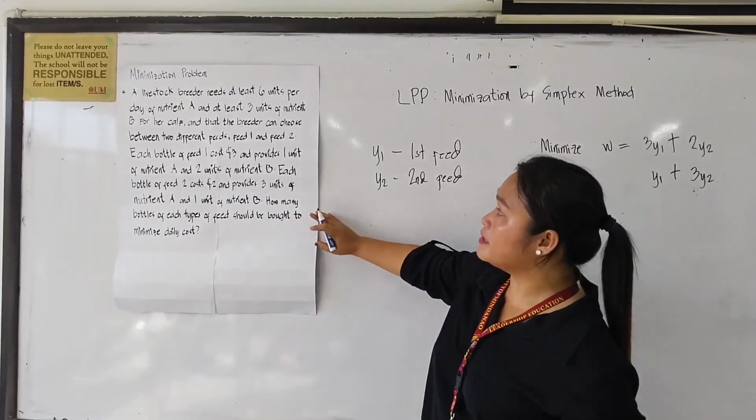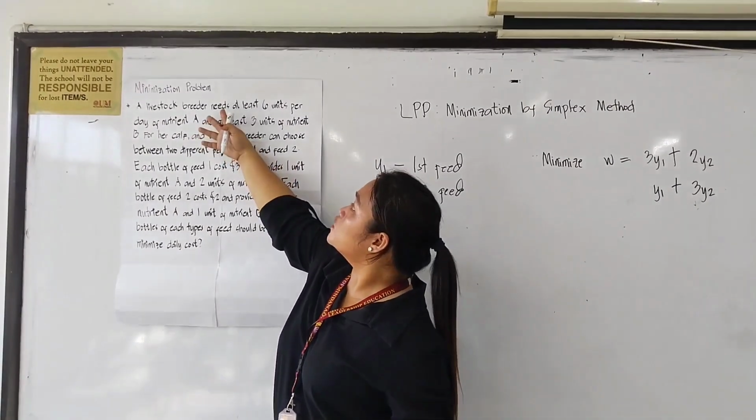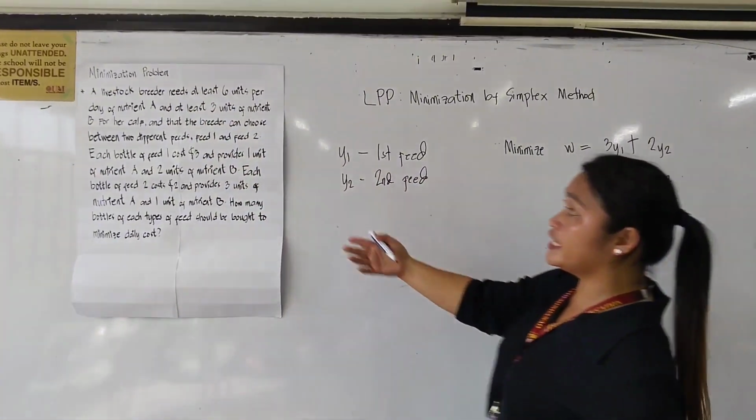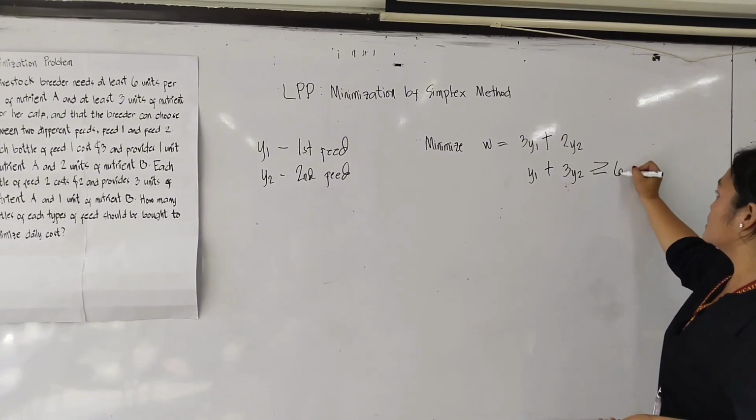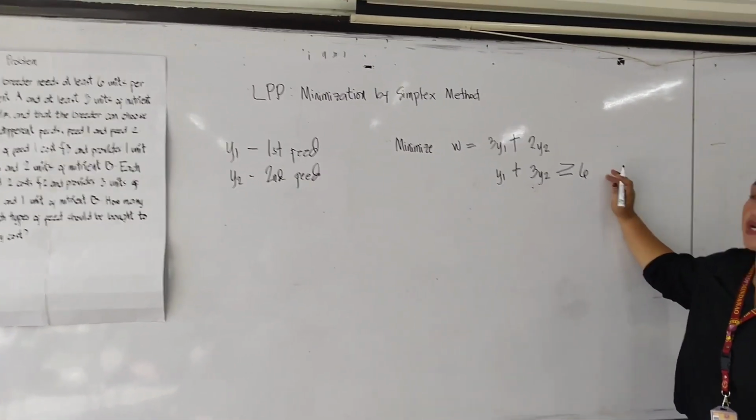The problem says we need at least 6 units per day of nutrient A, so it is greater than or equal to 6. We have now our first constraint.